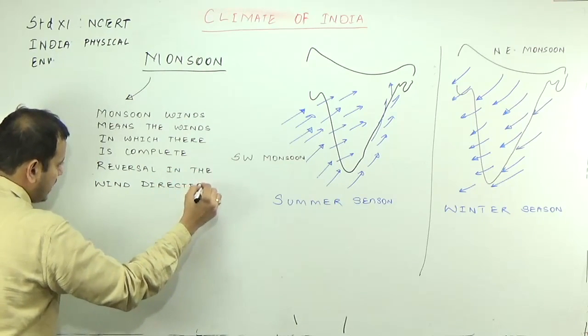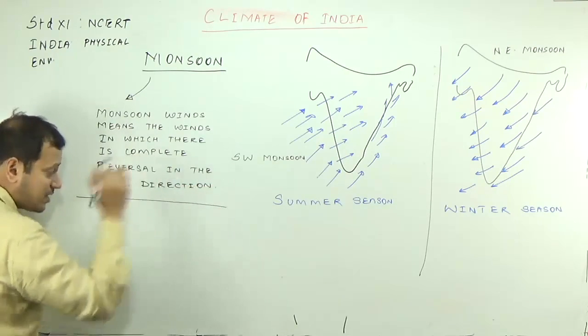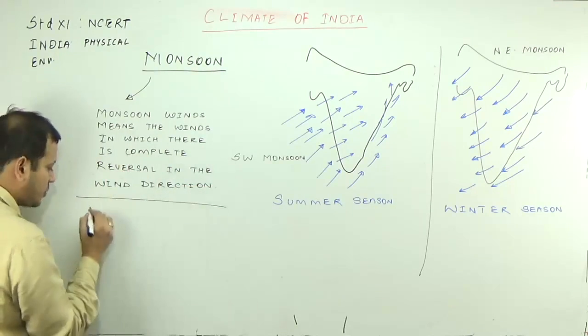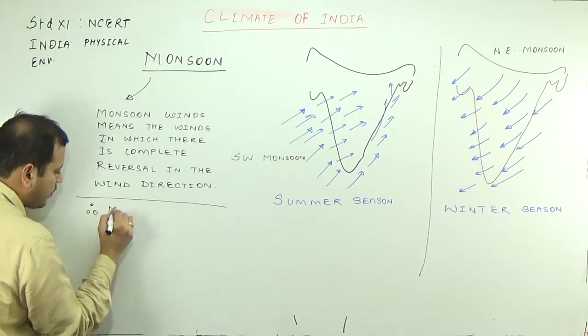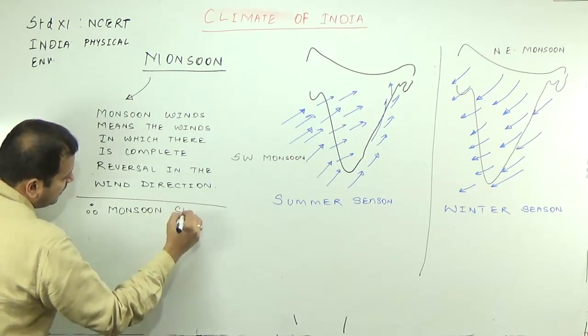And such a climate which experiences such winds is therefore known as a monsoon type of climate.